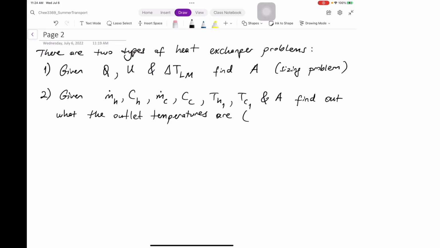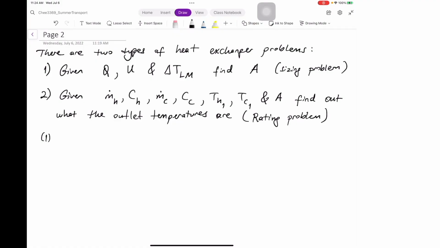And this is called a rating problem, as opposed to sizing. In other words, you're given the heat exchanger. You just want to find out if you, for example, send these two streams, what are going to be the exit temperatures of these streams. So you find out how the heat exchanger is going to behave.